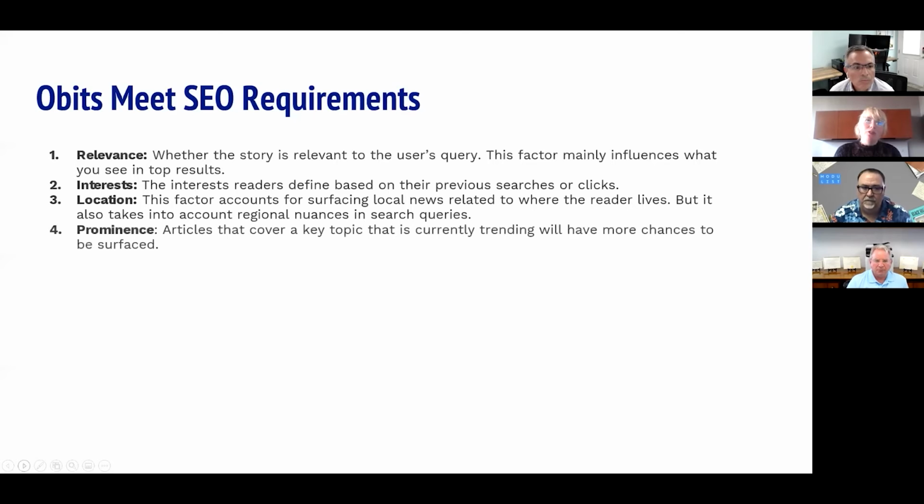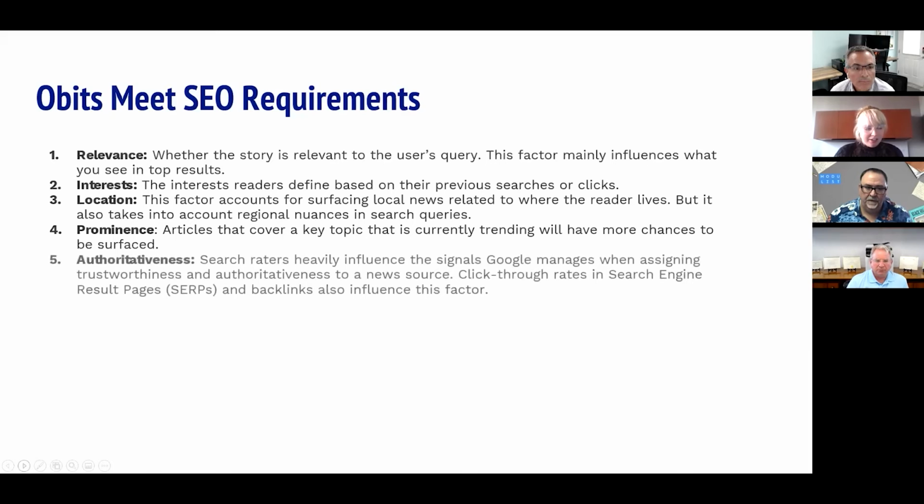I'm going to click again. Number 4, prominence. Articles that cover a key topic that is currently trending will have more chances to be surfaced. Number 5, authoritativeness. Search raters heavily influence the signals Google manages when assigning trustworthiness and authority to news sites. So any of your sites, I'm sure, have that as a factor.